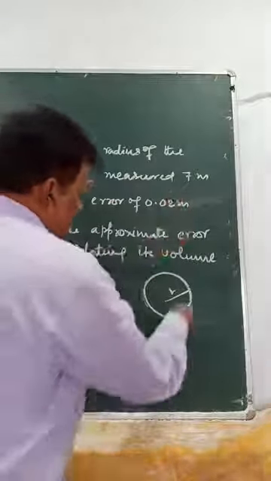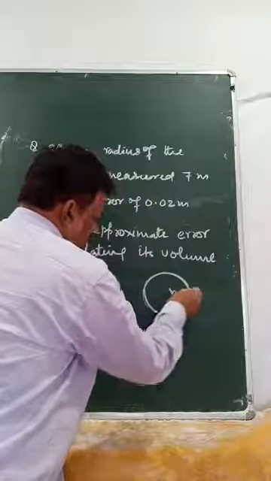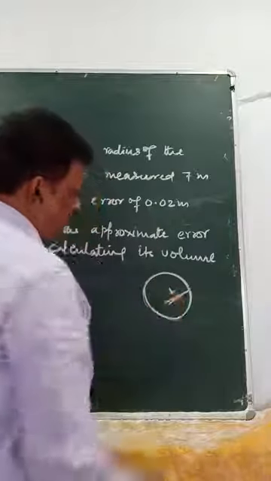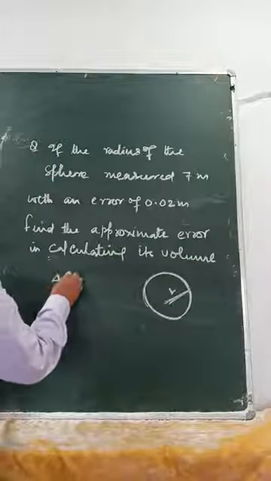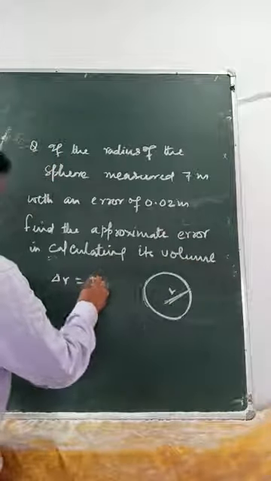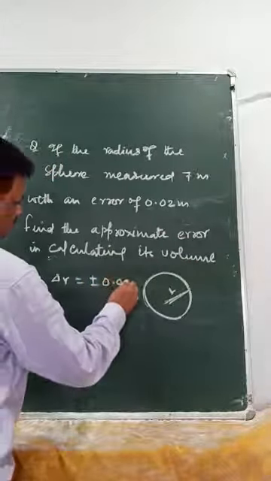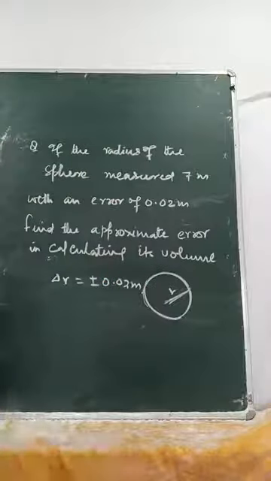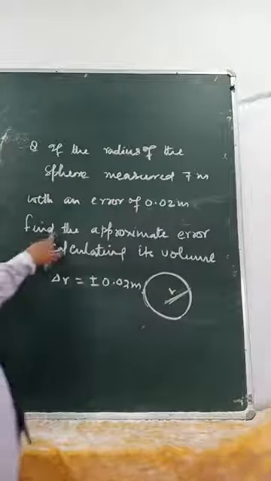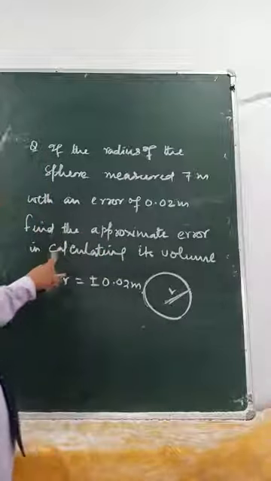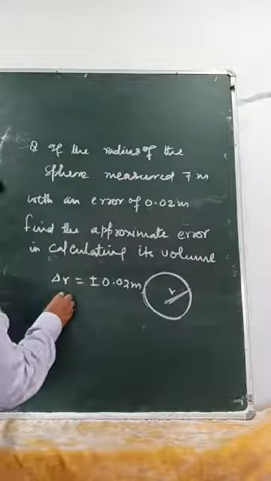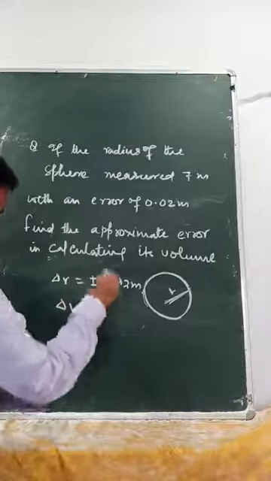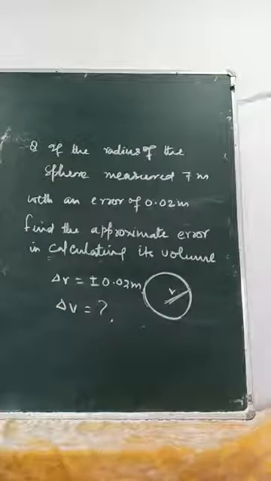That means the change in the radius when you measure it, that is your delta r, is plus minus 0.02 meter. Find the approximate error in calculating its value, means you are asked to find delta V. How to find delta V?